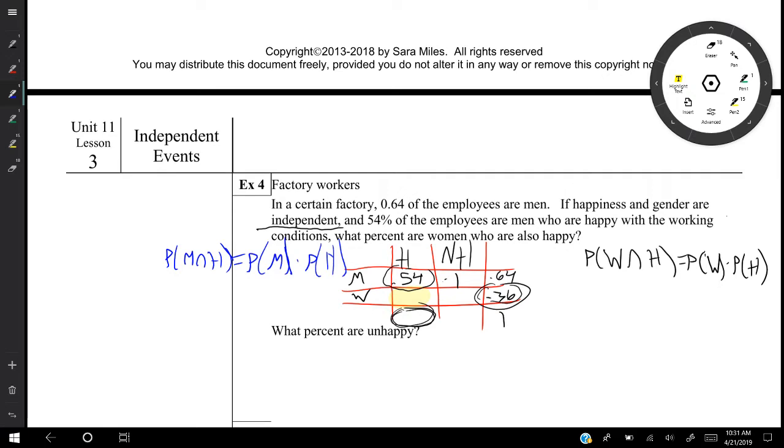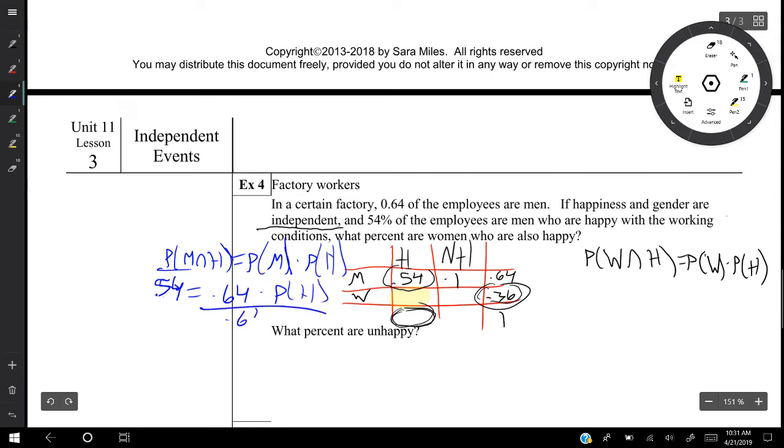So here we go. Are you ready for this? What's the probability of man and happy? 0.54. What's the probability of being a man? 0.64. What's the probability of being happy? I don't know. So let's solve for it.